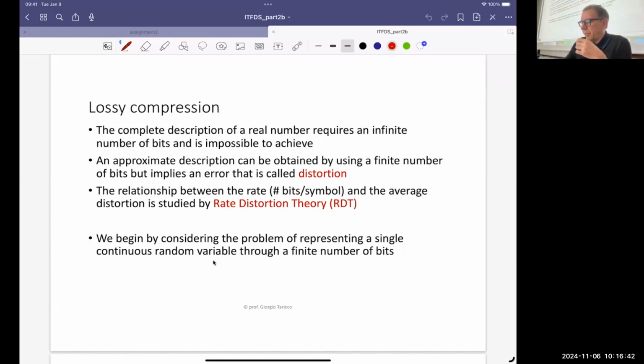So that, for example, if we write 3.14 and we say that the real number A is equal to 3.14, that means that this real number is inside an interval that goes from 3.135 to 3.145. And the real number is somewhere inside this interval, but we do not know exactly where it is.